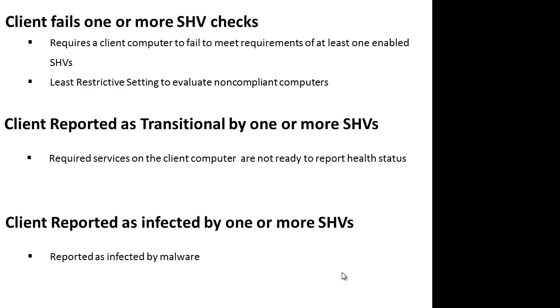You also have the last option, and this one says client reported as unknown by one or more SHVs. This is when the check cannot determine the status of the client, so it gives it an unknown state. And again, that can be temporary. So those are the 7 checks that you can choose when you are creating that health policy.